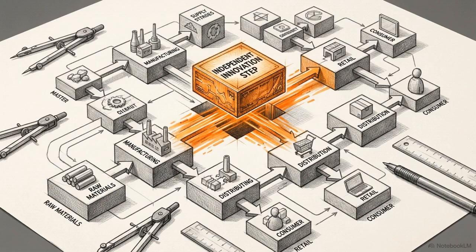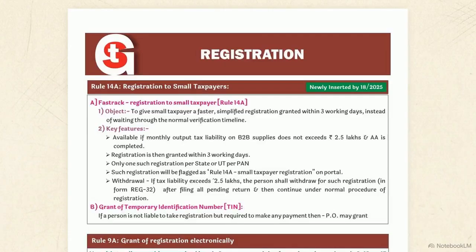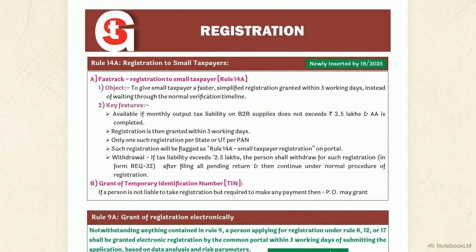This fast-track option is only available if the entity's monthly output tax liability on B2B supplies does not exceed 2.5 lakh rupees. If eligible, the taxpayer circumvents normal verification timelines and electronic registration is granted within 3 working days. The rule contains a built-in withdrawal mechanism. If the tax liability ever breaches that 2.5 lakh mark, the registered person must withdraw via Form Reg 32 and migrate to the standard registration procedure.